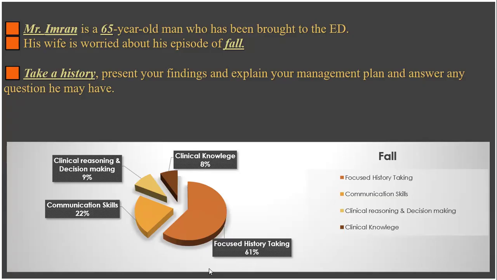Why will you do head imaging, doctor? I'm okay now. You are okay now, but according to your age, more than 65, and you have post concussion, loss of consciousness after the fall, and you are still somewhat confused, we need to do head imaging to exclude any serious injury inside your head.